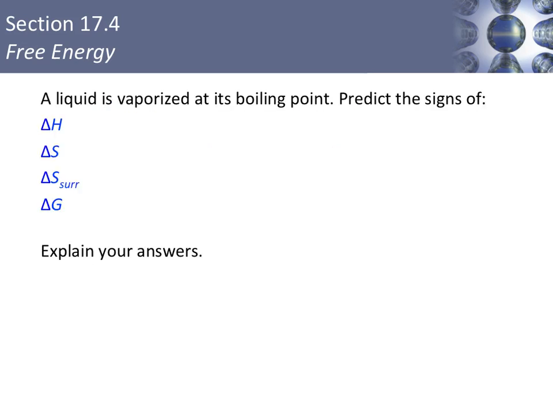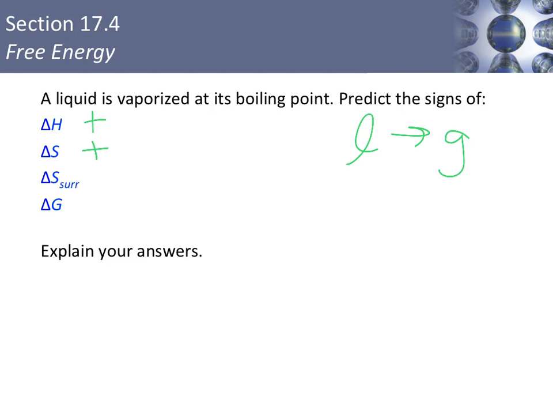Finally, let's think about a liquid boiling. So we're talking about going from a liquid to a gas. The enthalpy change is positive. We need some heat to turn a liquid into a gas. The entropy change would also be positive as we are going from liquid to gas.